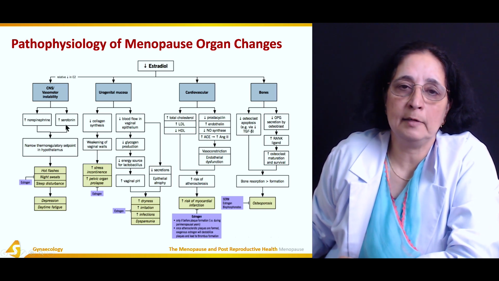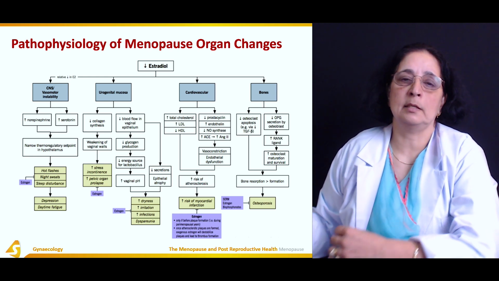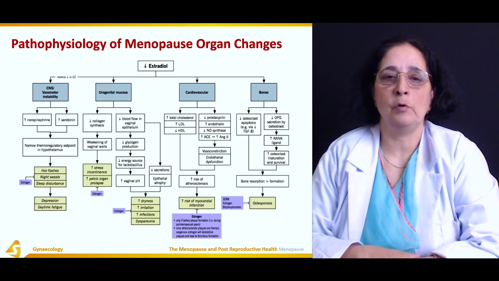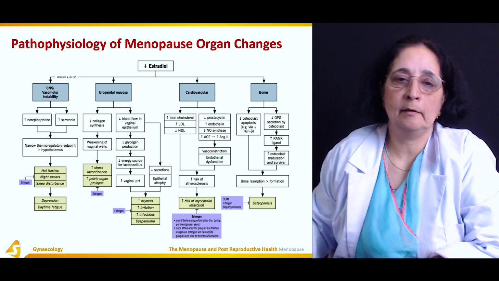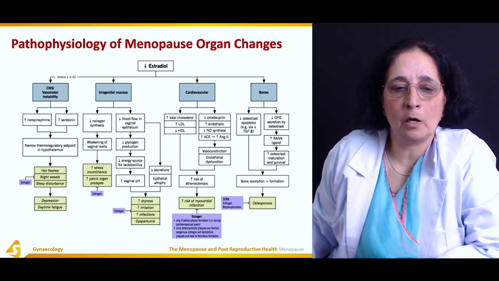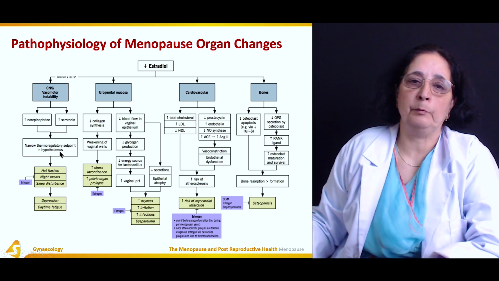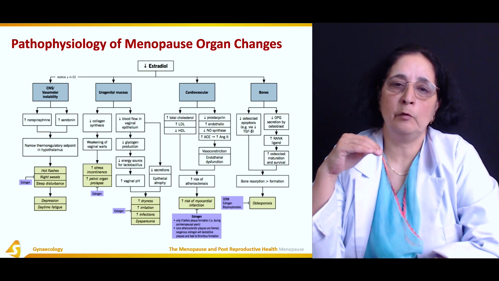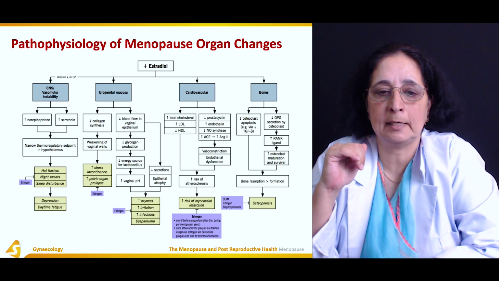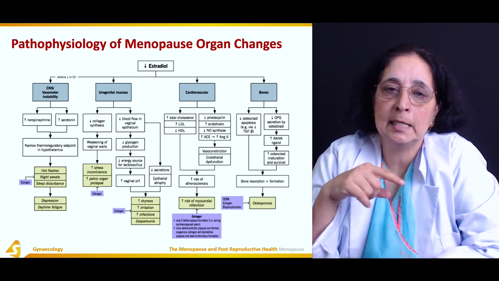Both of these, increased norepinephrine and increased serotonin, lead to narrowing of the thermoregulatory set point in the hypothalamus.